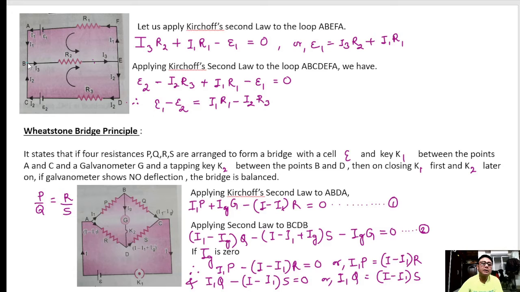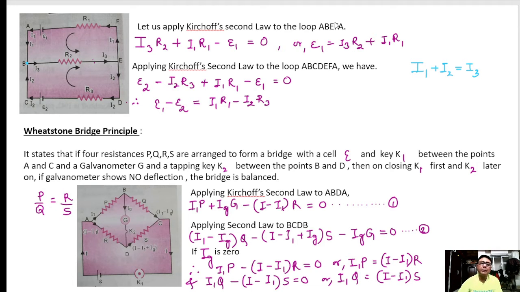They meet here, and there is a current I3. So I can easily tell that I1 plus I2 should be equal to I3. This is what I can tell, correct?